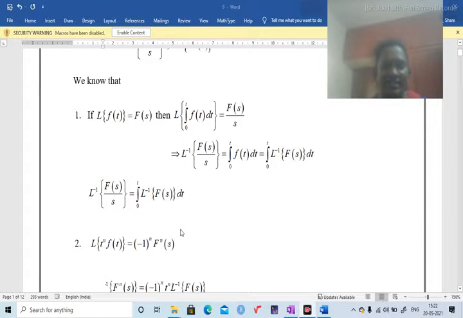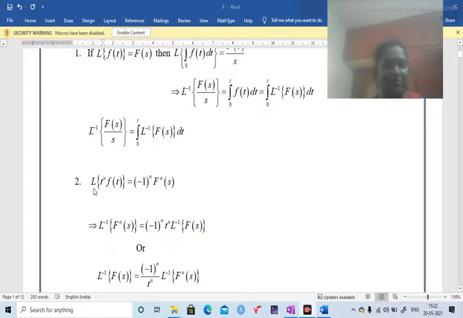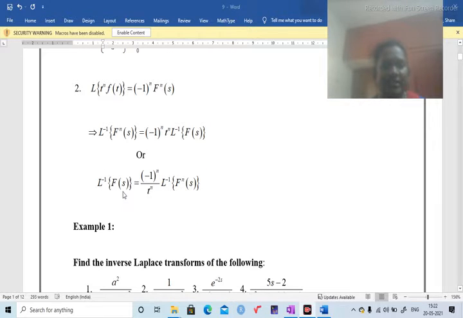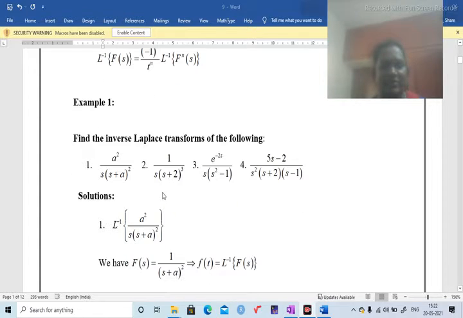Next formula: L of t^n times f(t) equals (-1)^n times the nth derivative of F(s). Now, L inverse of the nth derivative of F(s) equals (-1)^n times t^n times L inverse of F(s), or L inverse of F(s) equals (-1)^n divided by t^n times L inverse of the nth derivative of F(s).